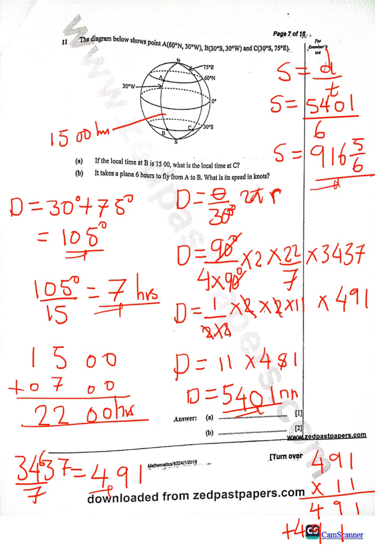So the answer is 900 and 5 over 6. This is what I'm getting in my notes. Hope I'm correct.